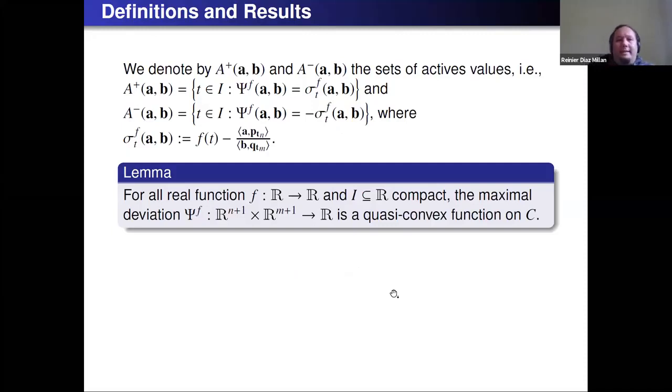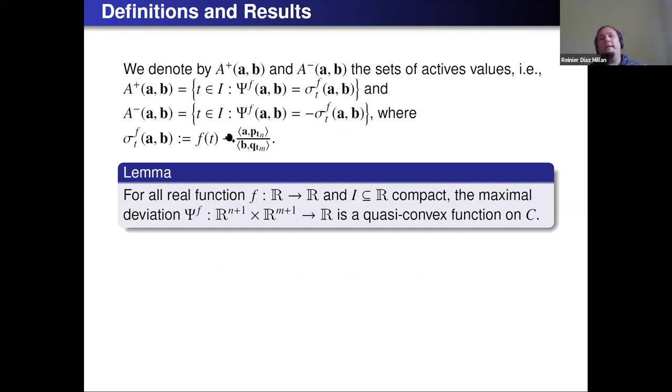Now we denote the sets A plus and A minus as the active values sets. A plus is the set of t in I such that this function is equal to this function, and A minus is the set of t for which this one is minus this function.